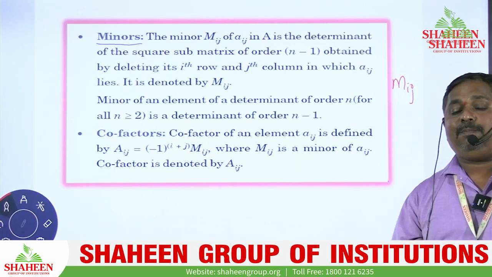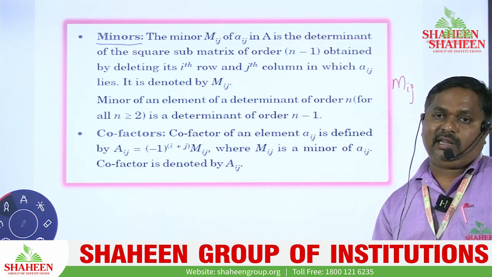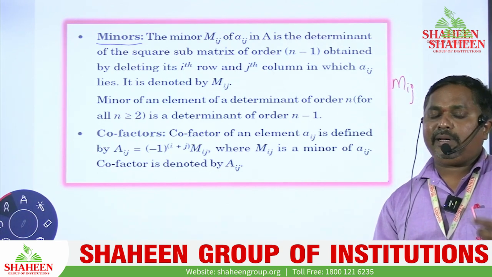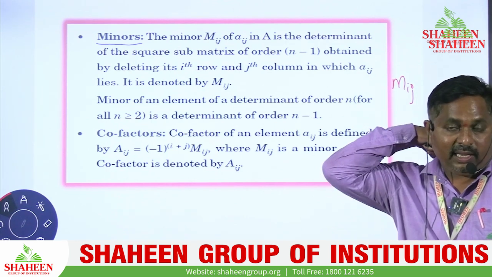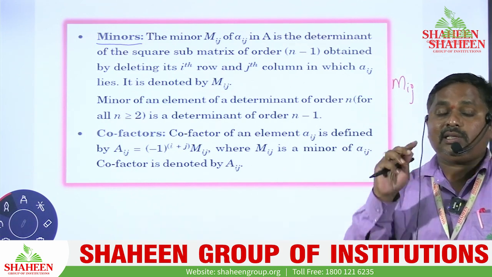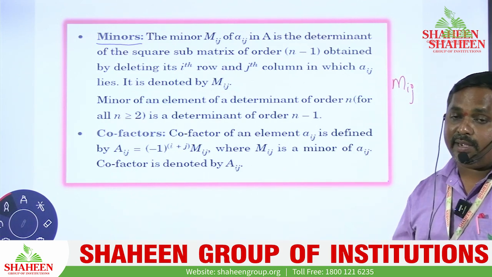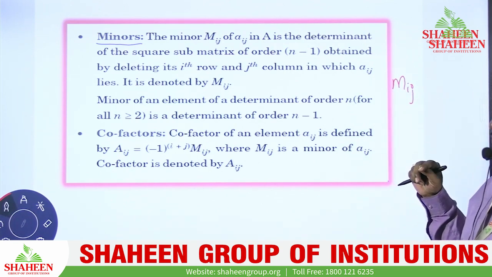Ij indicates the position of the given element. The position of the element whose minor we are finding is denoted by Ij. Okay, Mij means the minor of the ith row jth column element.